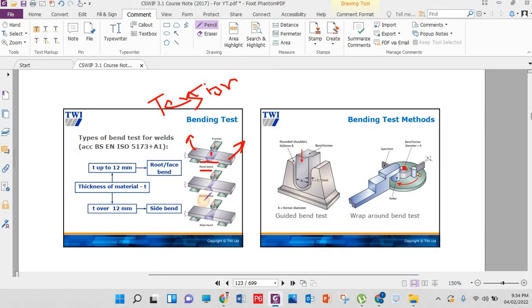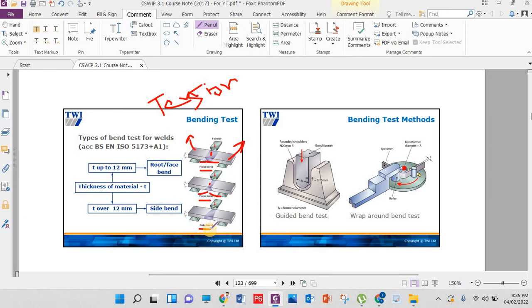If we are doing the face bend, you can see face is outward, downside is face, upside is root. If we are doing the face bending, the face will be in tension. Okay, very simple. If we are doing the side, then the side will be in tension.